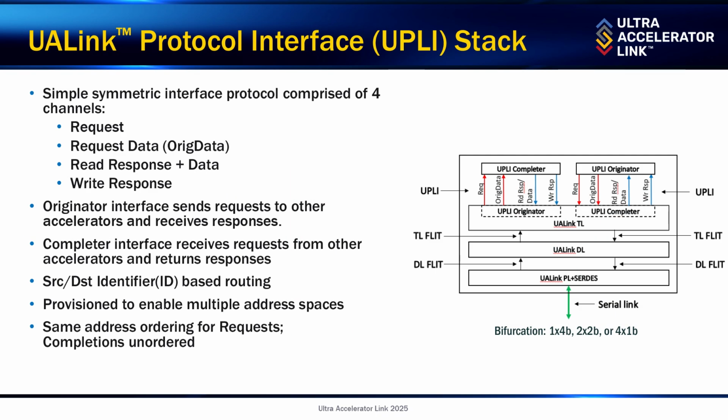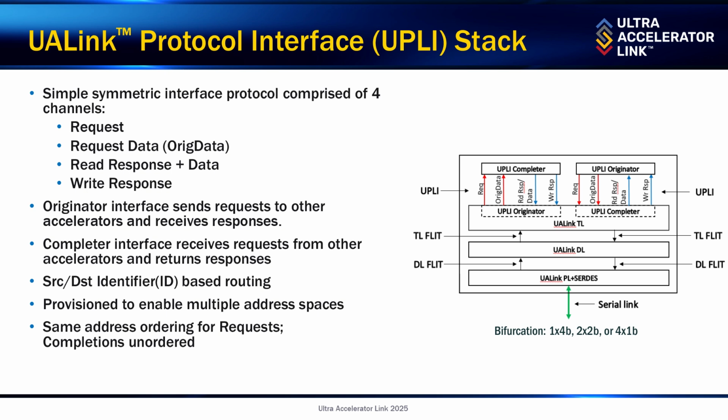So let's look at a UALink interface stack. The workloads in these sorts of AI scale-up require symmetric access between accelerators. So each interface stack to 4 ports has on the right here a UPLI originator and on the left a UPLI completer. The originator for this port is how the accelerator issues commands: reads, writes, atomics.